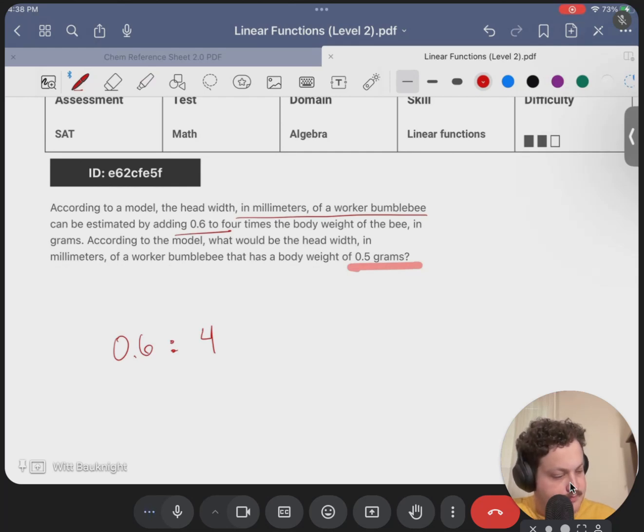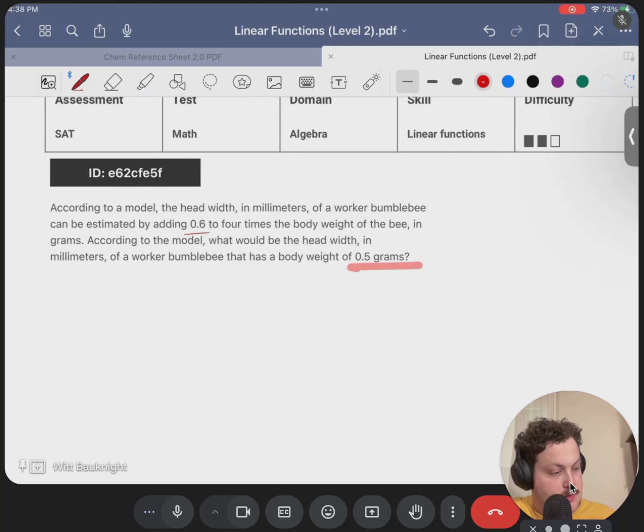Oh. Again, just reading. Estimated by adding 0.06 to 4 times the body weight of a bee in grams.